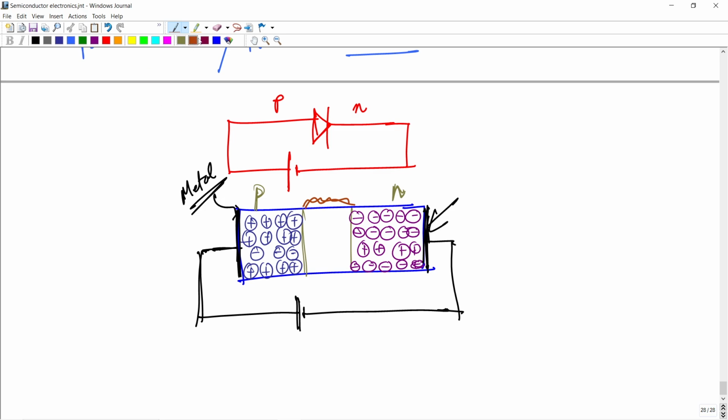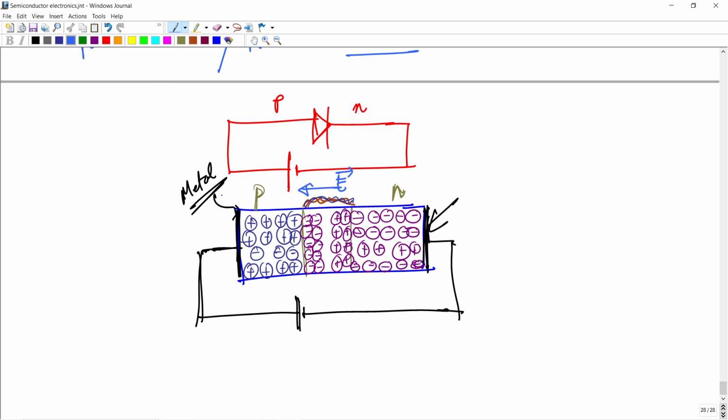In the space charge region there are many negative charges on one side and positive charges on the other, and due to that an electric field is created in that direction.